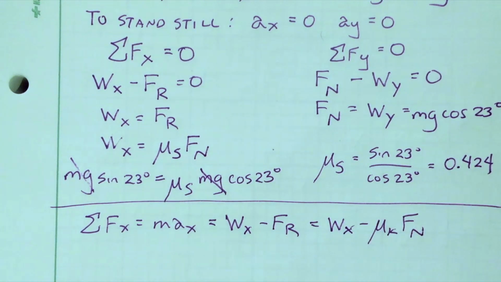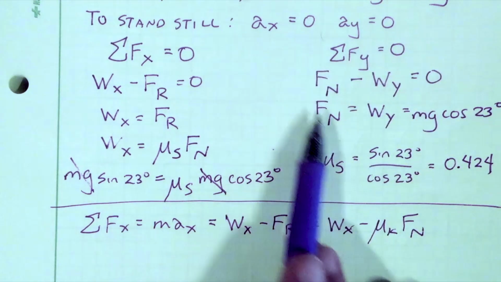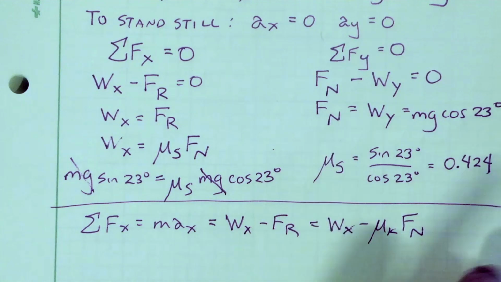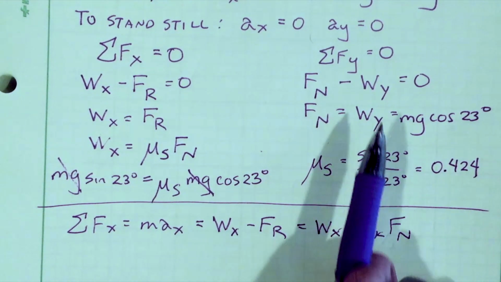So now, the force of kinetic friction is mu k times Fn. But one thing that hasn't changed is the normal force is still the same. This normal force that we found up here is still this normal force right here. The normal force is not going to change just because the coefficient of friction changes. It's going to be equal to the y component of the weight force right here.